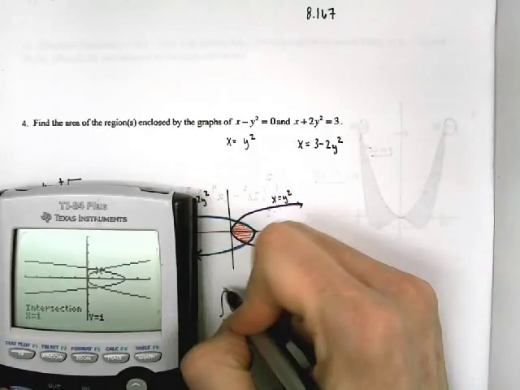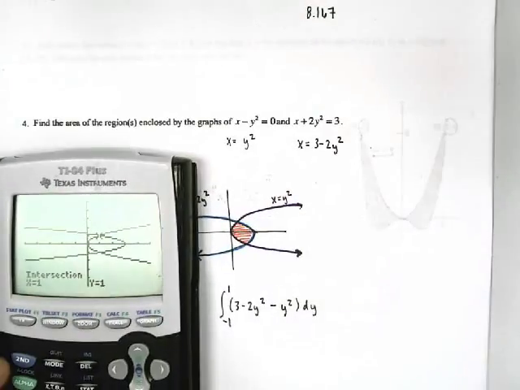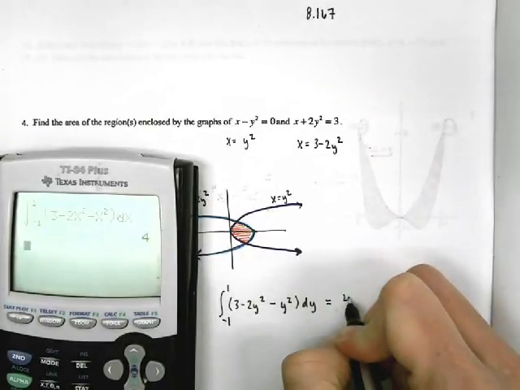Enter. And our upper limit is y is equal to 1. So now we can use our calculators to calculate that integral. So negative 1 to 1 of 3 minus 2y squared minus y squared dy, and I get an area of 4.